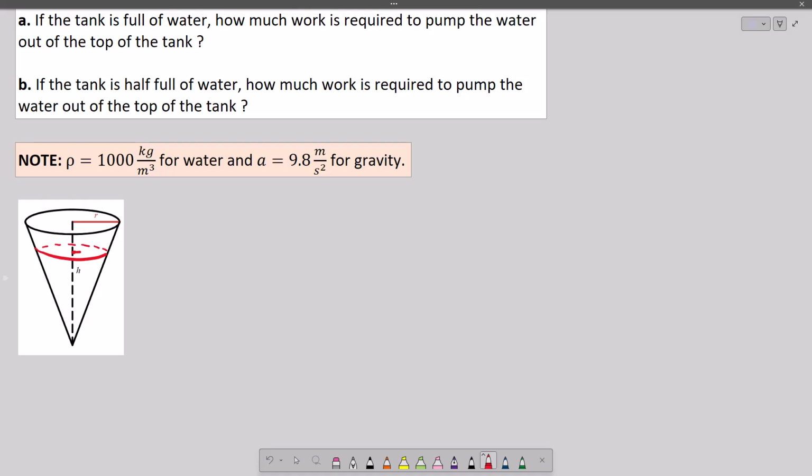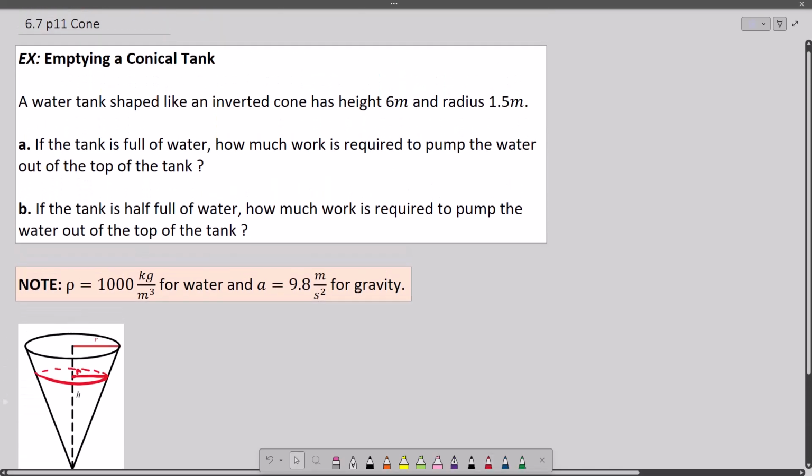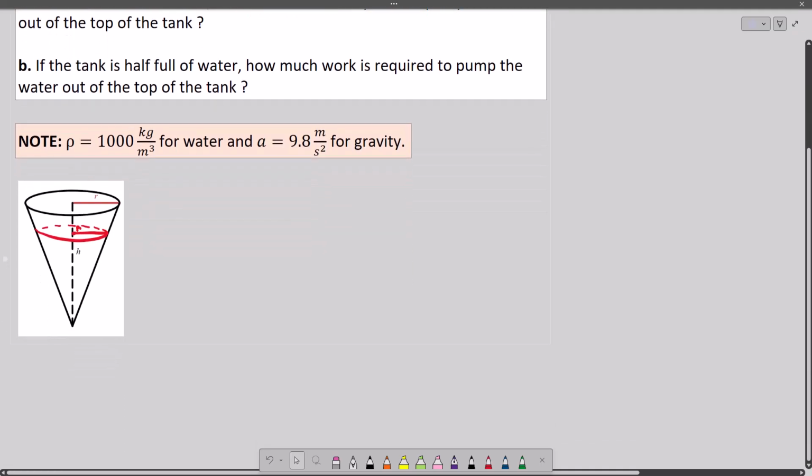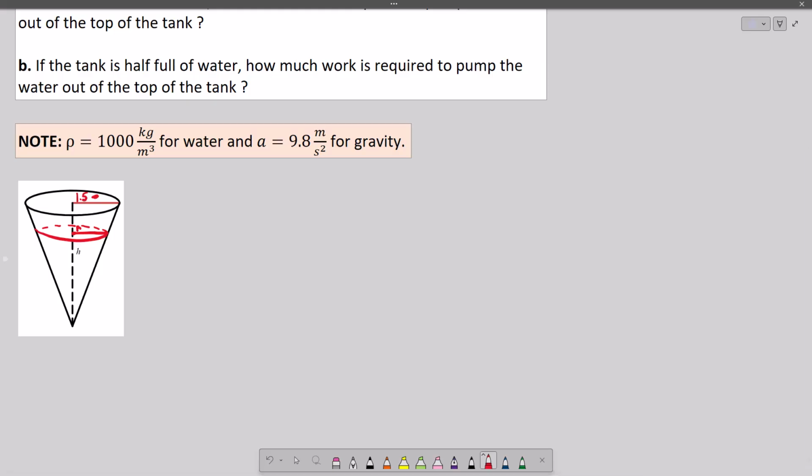And I should rewrite this slide. Now I'm going to have 2 R's. So this one is given to be 1.5. So let's cross that R out and just write that as 1.5. And then the variable r is going to be for your representative cross-section. That radius is going to get bigger depending on where you draw your slice, your cross-section. Okay, and the whole height is 6.